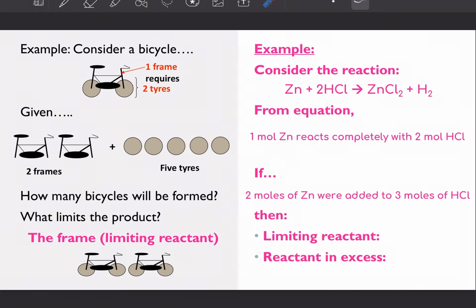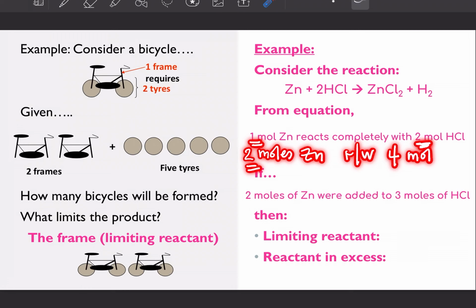Okay, so kita tulis 2 moles of zinc will react completely, react with berapa? Sini 2, maksudnya ni 1 and then dapat 2. I mean react with 2. Maksudnya kalau 2, you will react with 4 moles of HCl. Okay, so maksudnya 2 moles of zinc will react with 4 moles of HCl.